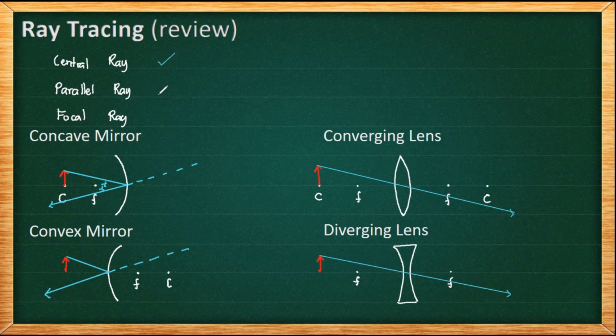How about the parallel ray? When we say parallel ray, it's actually parallel to the optical axis. So this is our optical axis here. A parallel ray starts from the tip of your object. Let's just draw all parallel lines first.